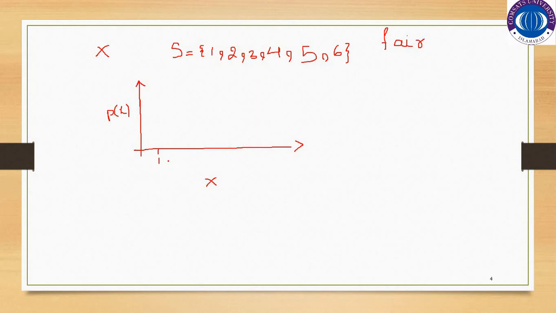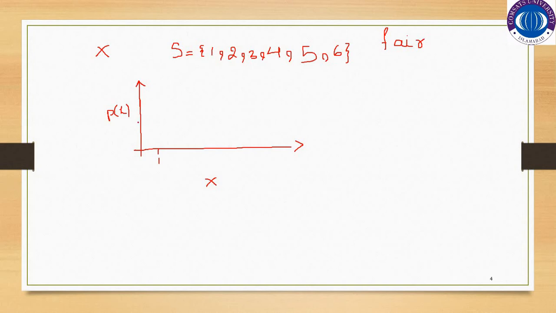And what are the chances of the occurrence of 1? As we know the definition of the probability of an event, it is the number of favorable outcomes divided by the total number of outcomes. The favorable outcome is 1 and the total number of outcomes is 6.